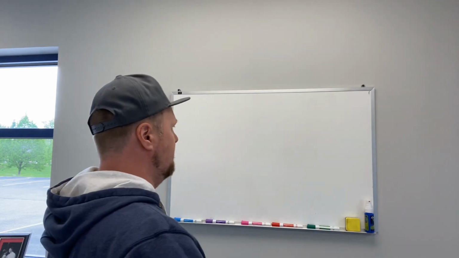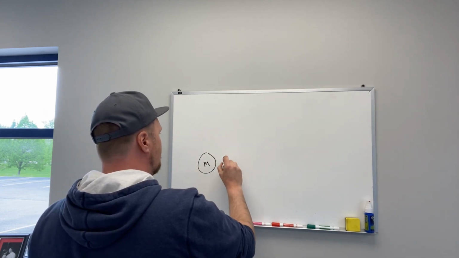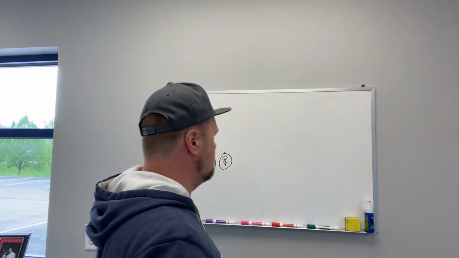Let's just take, for instance, an engine, which most people know because they drive every day. In an engine you'll typically have your main bearings and your rods, which will be smaller or bigger depending on the application.